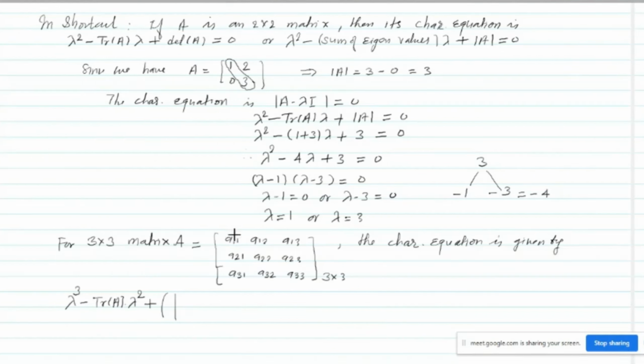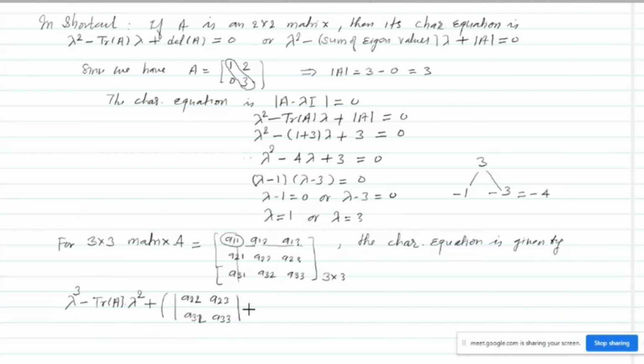So what are the diagonal elements? The first diagonal element is this one. Now we ignore this column and this row, so you will get this minor: A22, A23, A32 and A33.